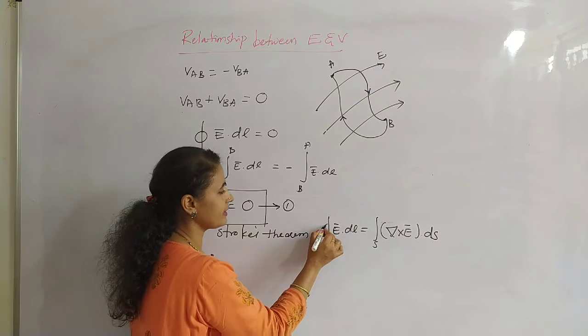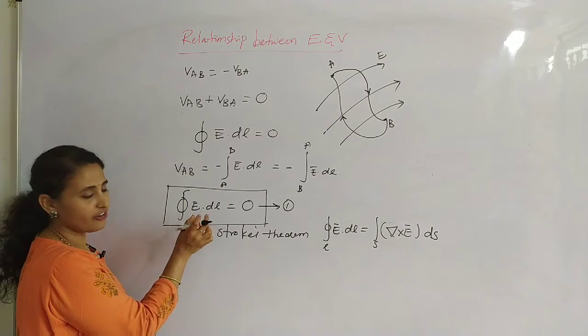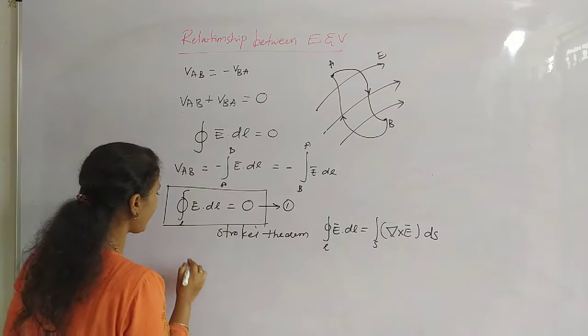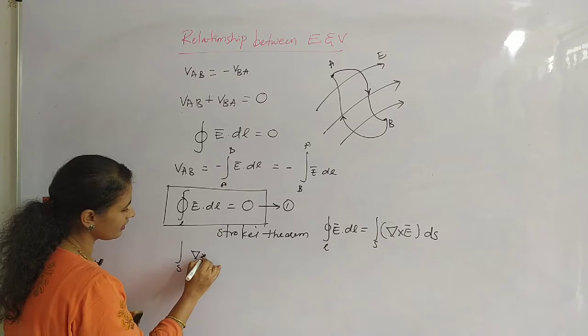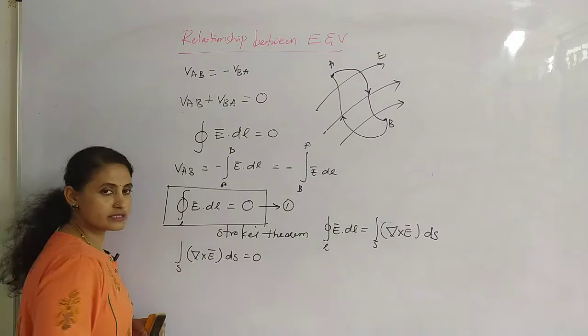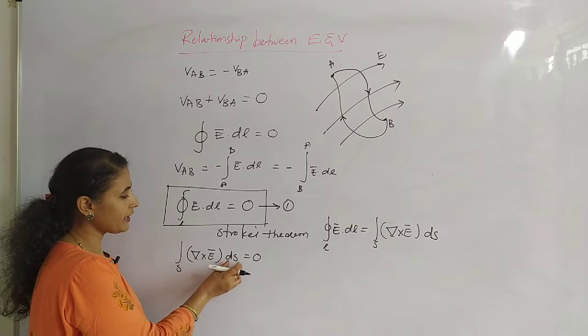So the line integral of E bar dot dl can be represented as the surface integral of curl of E bar dot ds equal to 0.